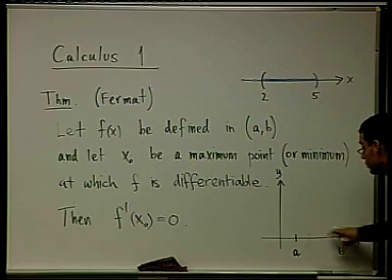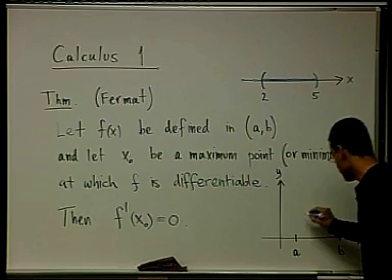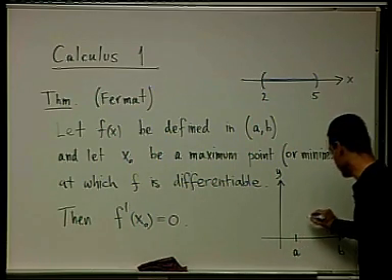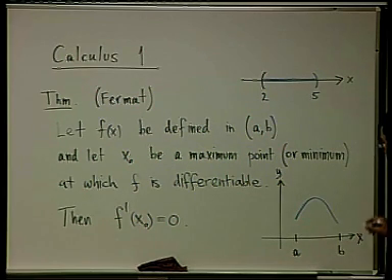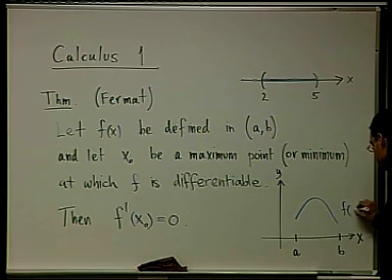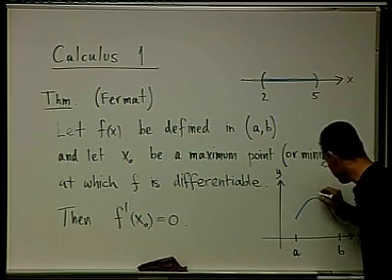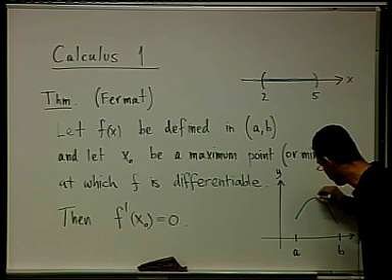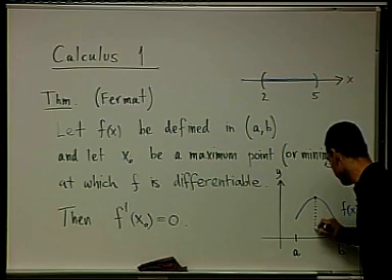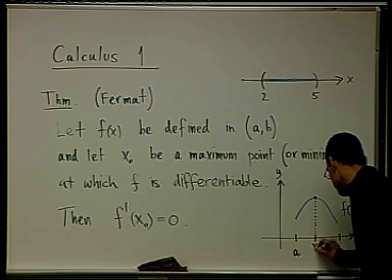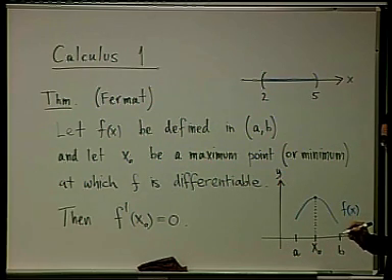Okay, so this is the interval on which f is defined. And f has some graph. Okay, so I'm going to draw some graph, maybe something like this. So this is the graph of f. And a maximum is a point where the function gets its biggest value. So in this picture, for example, this is the point x0 where the function has a maximum.